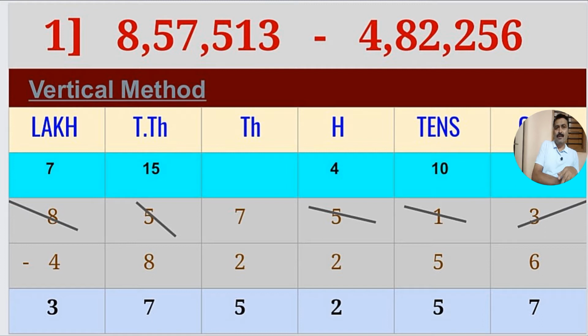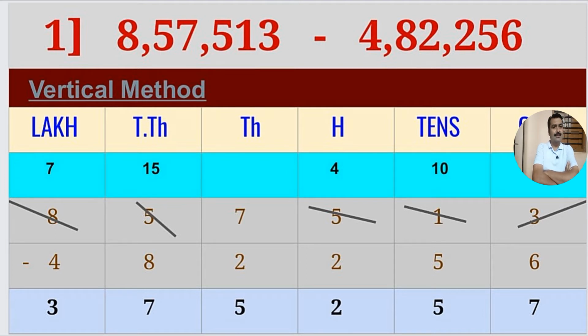The first number is 8,57,513 minus the second number 4,82,256. After reading this example, it is given in its horizontal method. So we have to calculate the difference between the given two numbers.